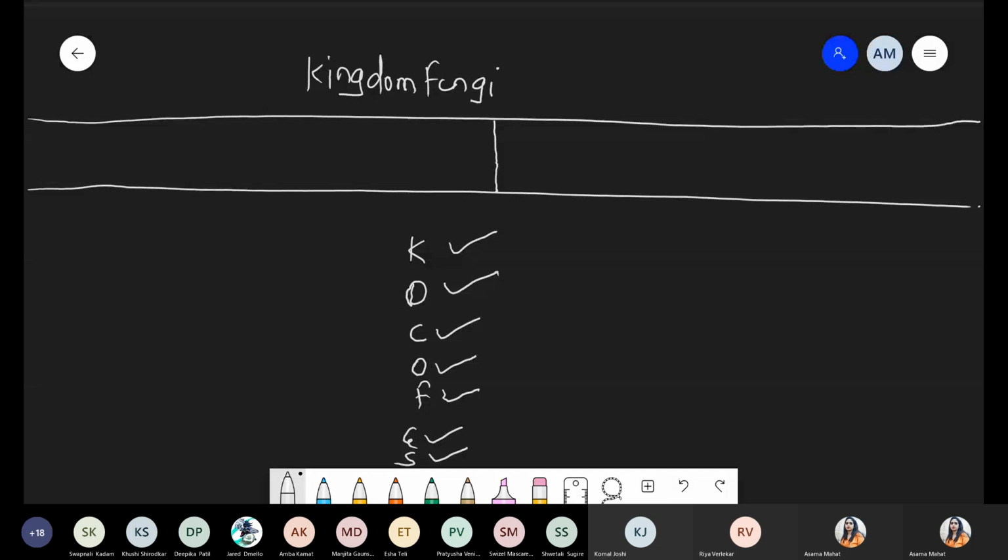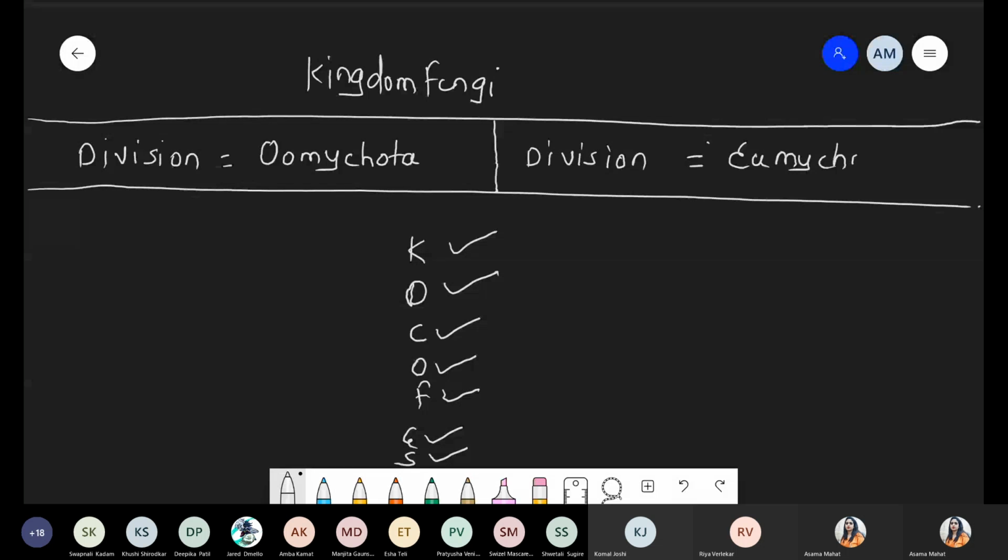Below the kingdom, in the second category, we are talking about division. So the first part, division, Myxomycota, and the other part with respect to division, that is Eumycota.